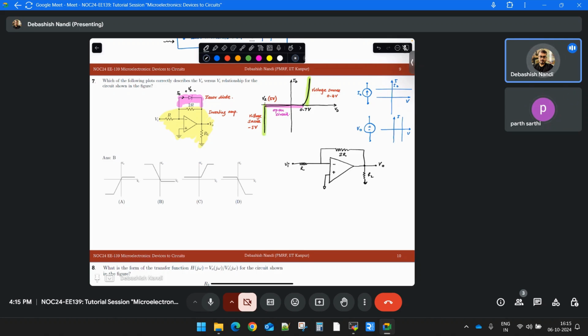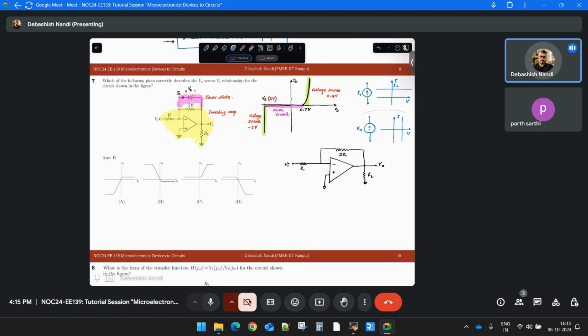A VCVS or VCCS or CCVS or CCCS? OPAMP is which kind of control source? Come on, you can try it. Which kind of control source is that?